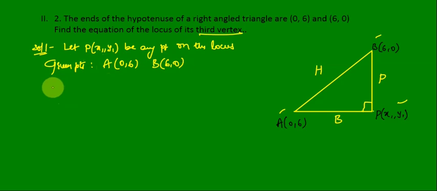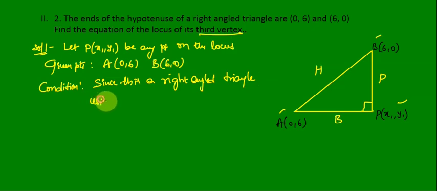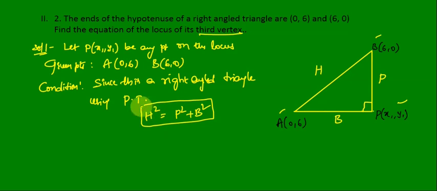And what is our third step? The condition. What is the condition it should satisfy? So we'll make use of the Pythagoras theorem. What does it state? Hypotenuse square will be equal to perpendicular square plus base square, right? So this is the condition we are going to use to solve this problem. Okay.